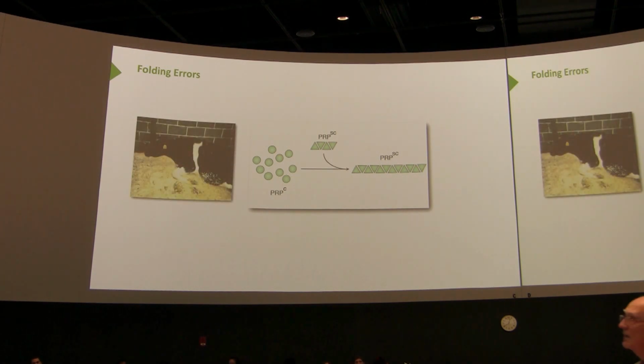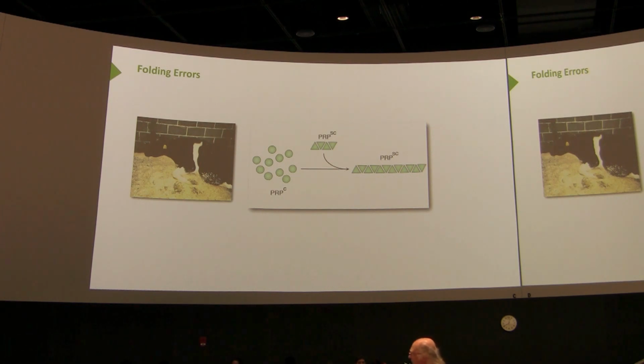Mad cow, pretty devastating disease. Mad cow disease is transmitted from cow to cow. We don't completely understand how. These misfolded proteins are called prions, P-R-I-O-N. Humans have an equivalent disease called Creutzfeldt-Jakob. I'll put that in the highlights so I won't spell it for you here.